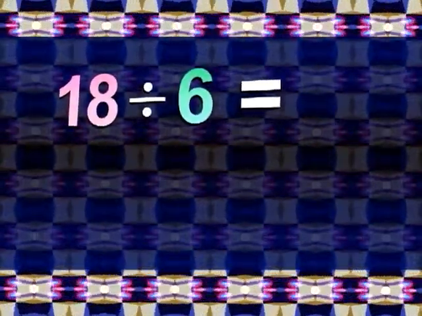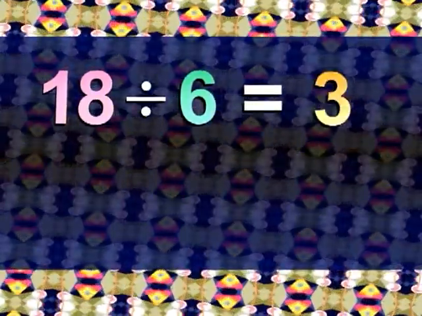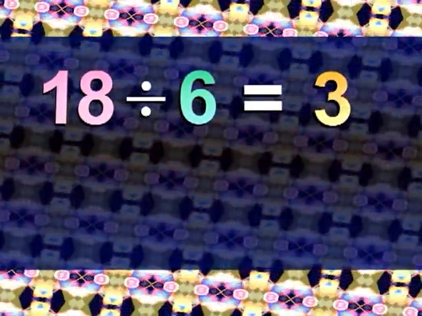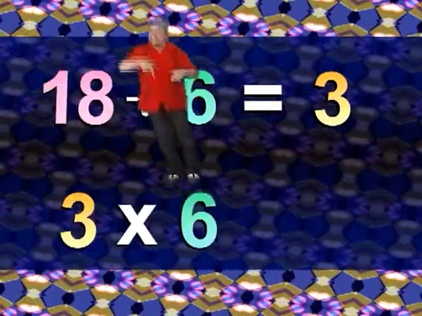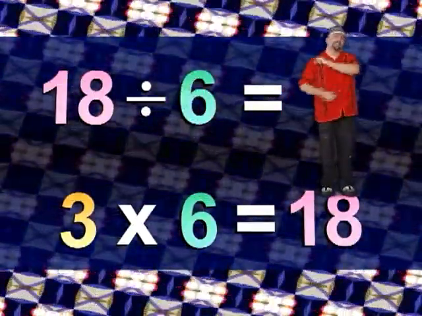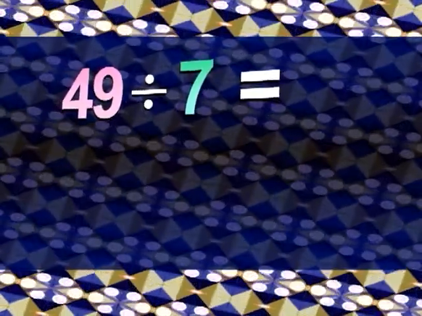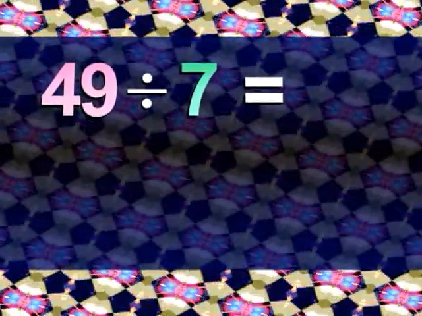18 divided by 6 is 3. Because 3 times 6 is 18. 49 divided by 7 is 7.